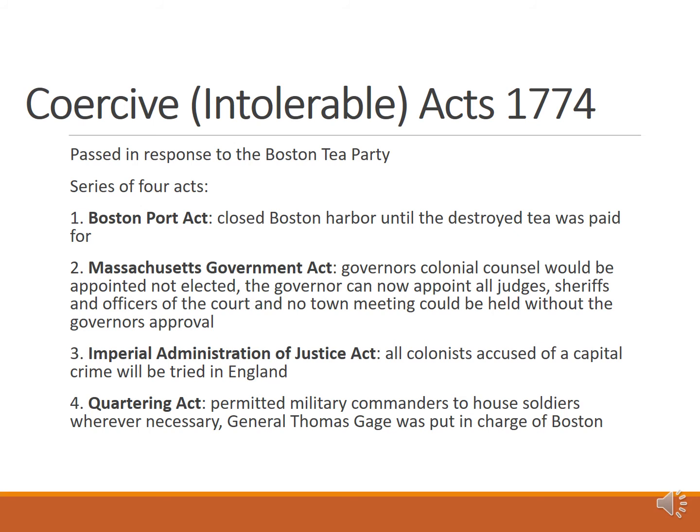Secondly, the Massachusetts Government Act was passed. So governors and the colonial council would be appointed and not elected. From here on out, basically there was martial law declared on the colony of Massachusetts. Who will they be appointed by? The king and parliament. The governor can now appoint all judges in the colony and sheriffs and officers of the court.